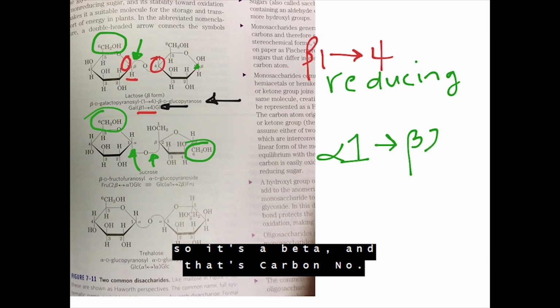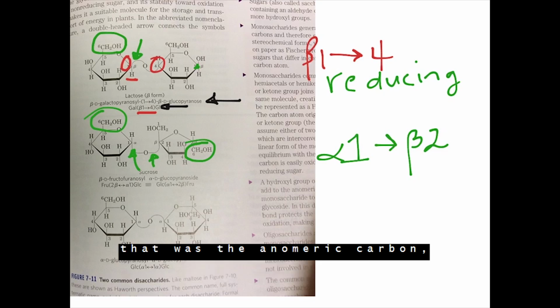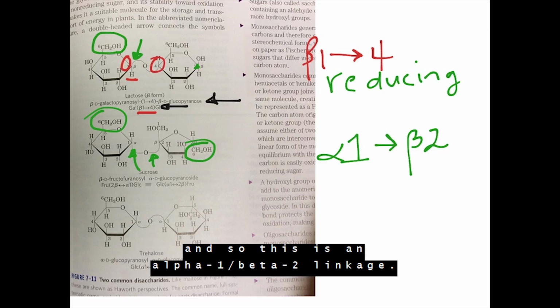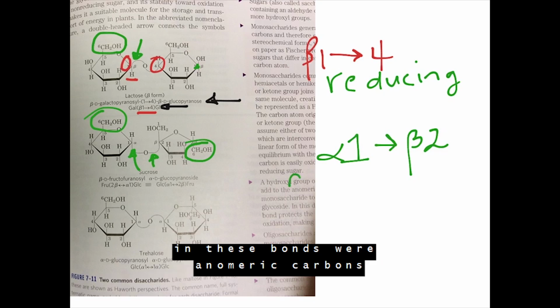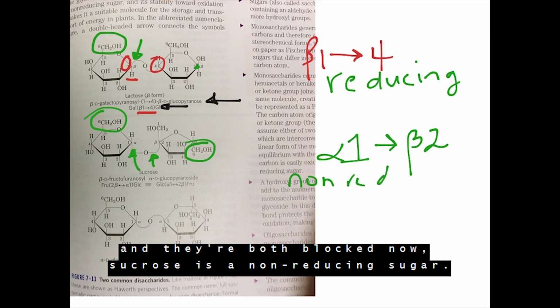So it's a beta, and that's carbon number 2 because that's where the carbonyl was. That was the anomeric carbon. And so this is an alpha 1 beta 2 linkage. Since both of the carbons participating in these bonds were anomeric carbons and they're both blocked now, sucrose is a non-reducing sugar.